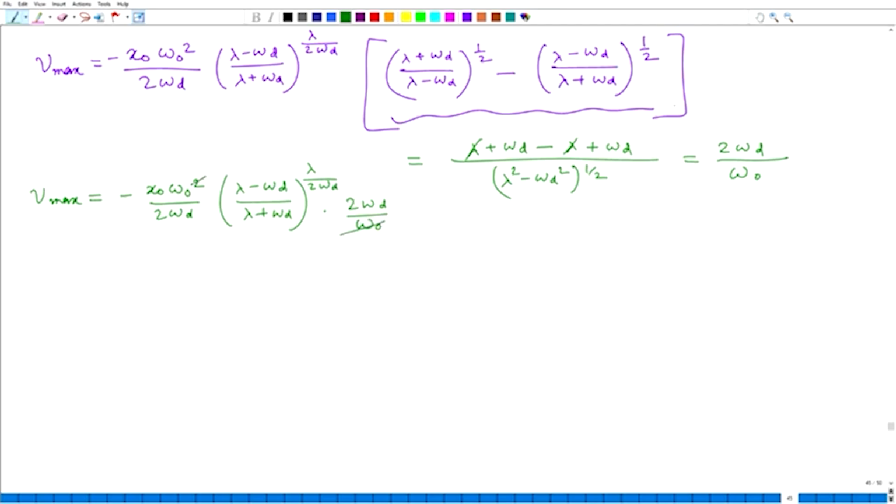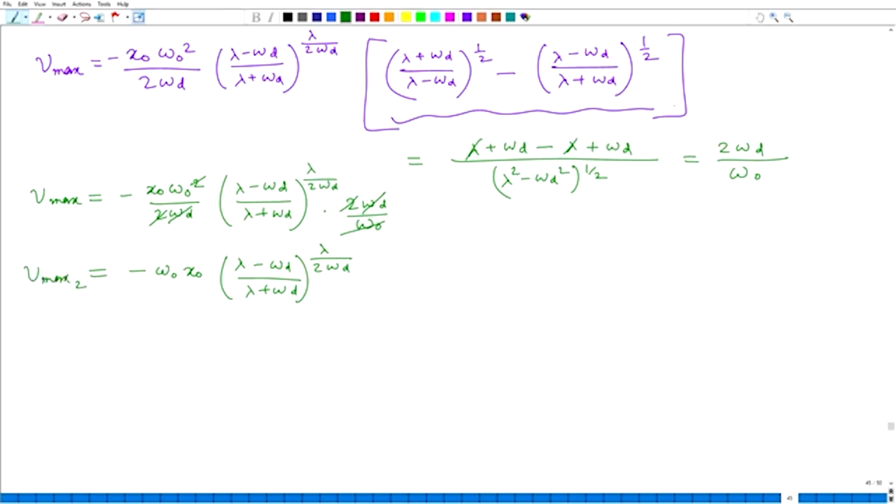One omega 0 I can cancel, omega d goes away, 2 goes away. Then I finally will have minus omega 0 x 0, okay, (lambda minus omega d) by (lambda plus omega d) whole to the lambda by 2 omega d. So, this is my V max 2.